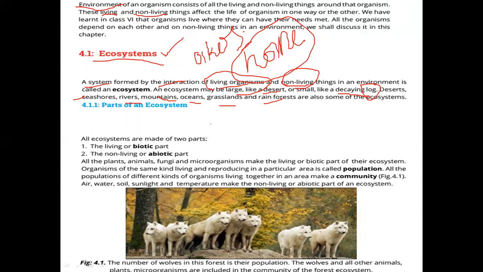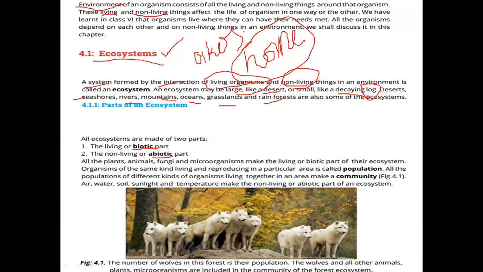Every organism has interaction with other living organisms as well as with the non-living things, which have a great interaction with the living organisms. The living organisms are called the biotic factor, and the non-living things are called the abiotic part of the ecosystem.